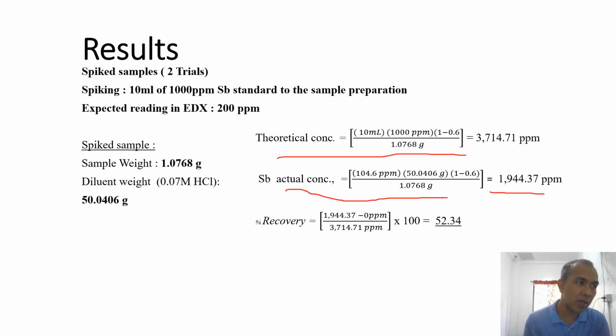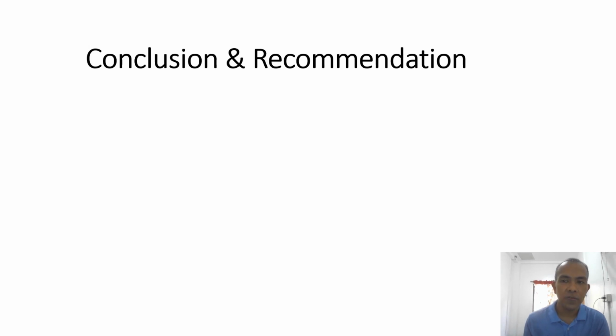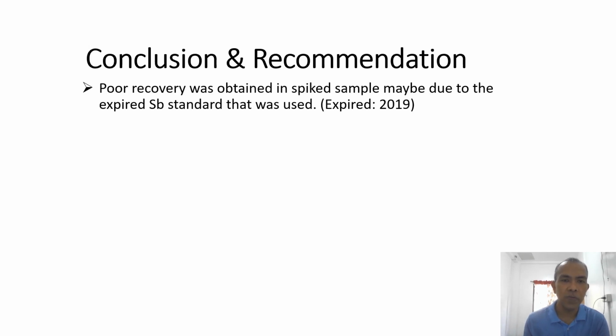If you will get the average, kanina 70, we will just get 60%. And nakalimutan ko yung rito, include na yung average. So usually when we get the recovery criteria, it should be, I think, 80 to 120%. So below yung aking nakuha spike recovery. From the conclusion, poor recovery was obtained.